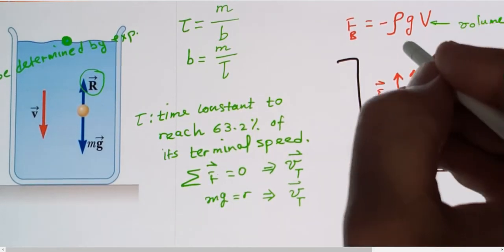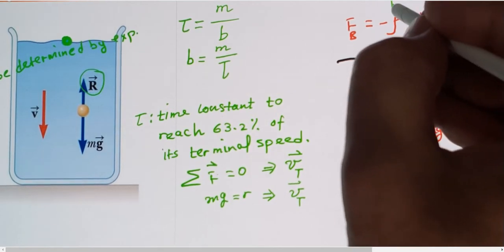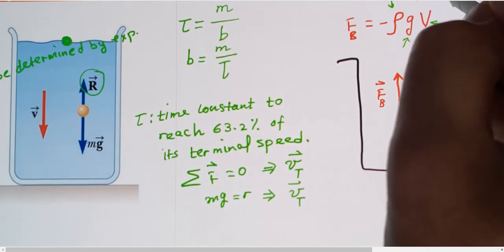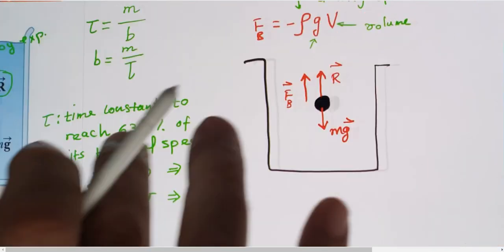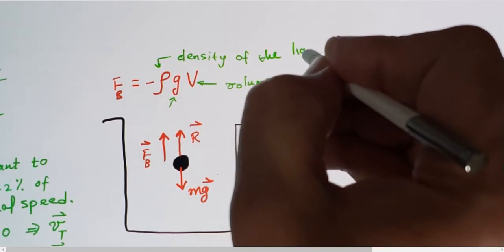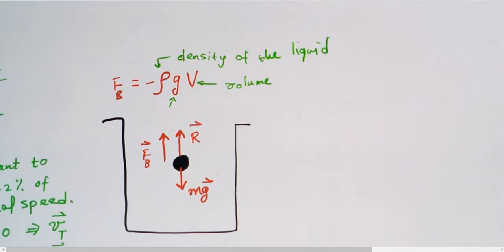So in reality, there is also a buoyant force acting, but the book neglects that, so I am also going to neglect that force to make it simple in analyzing the problem.